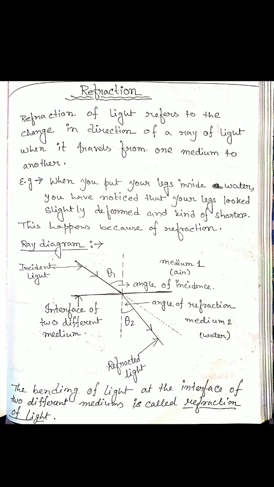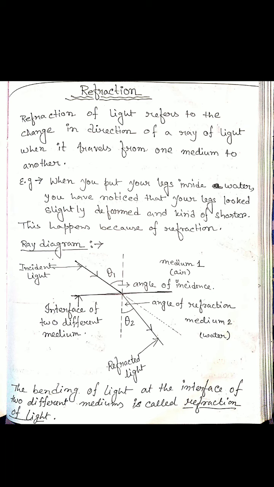Refraction means change in direction of a ray of light when it travels from one medium to another medium. That means for refraction we need two different mediums. It is one of the conditions for refraction. In this ray diagram, a ray is incident on the interface of two different mediums and refracted through the second medium.